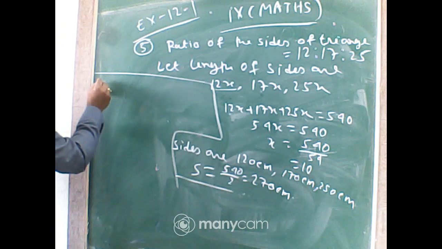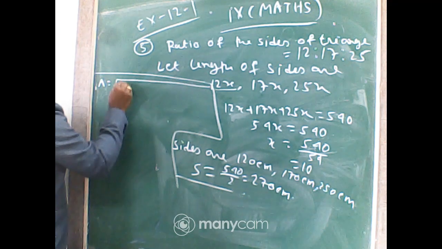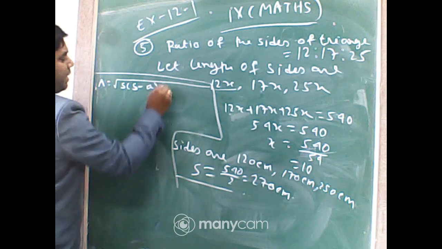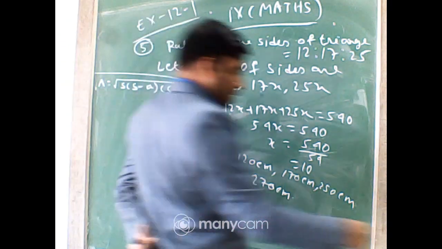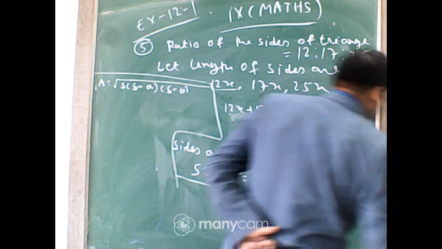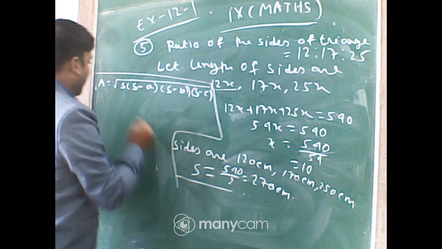So what is the formula of area? That is Heron's formula: area is root of S into S minus a, S minus b and S minus c. Okay. Next.